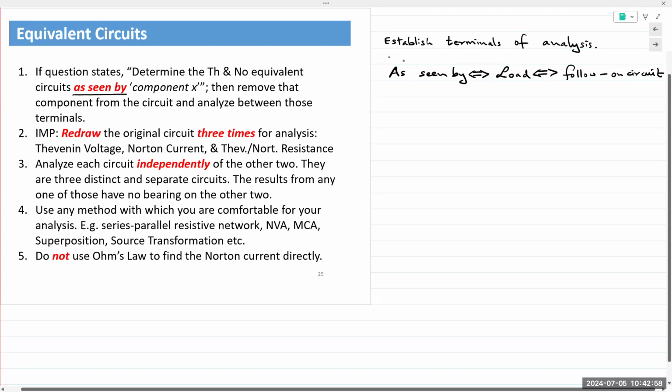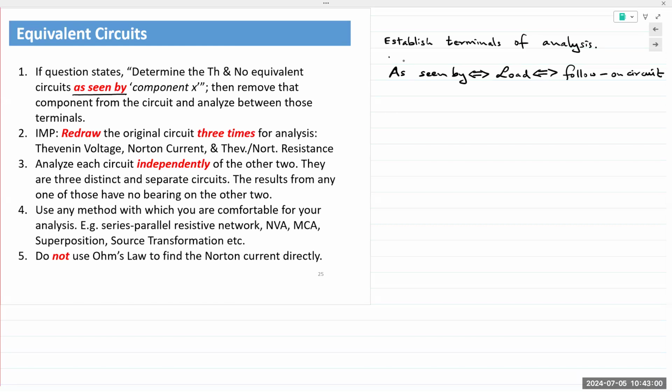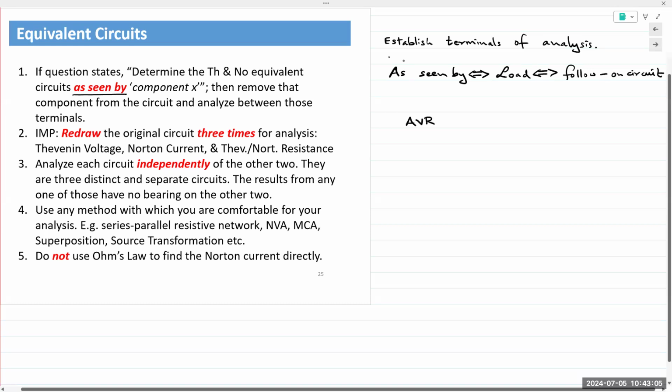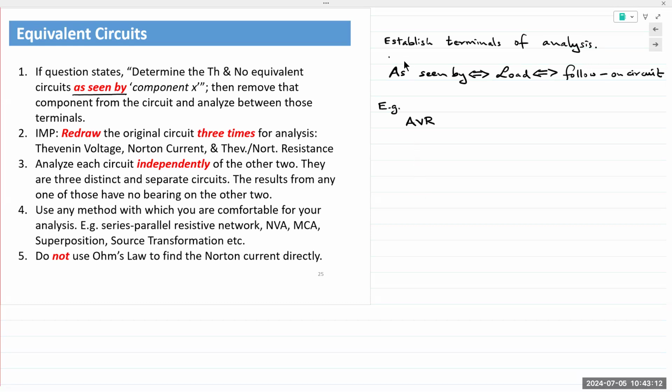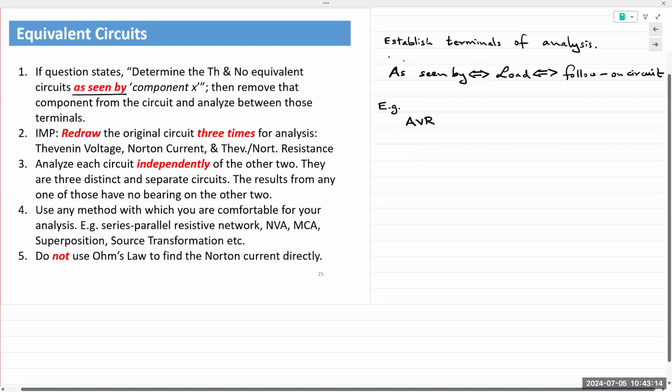If we take any audio video receiver, that audio video receiver is made up of actually 2 different parts, which is then connected to a speaker. It's a preamp and an amplifier.